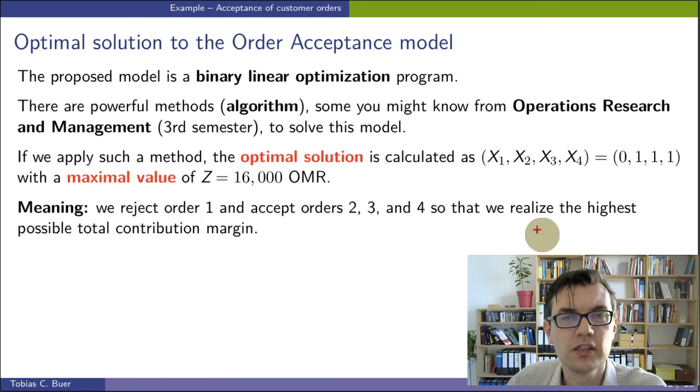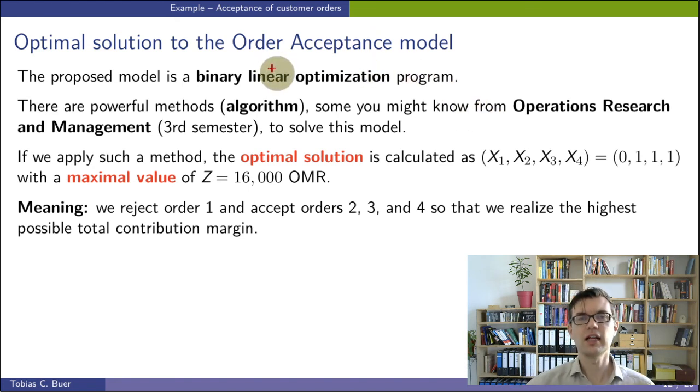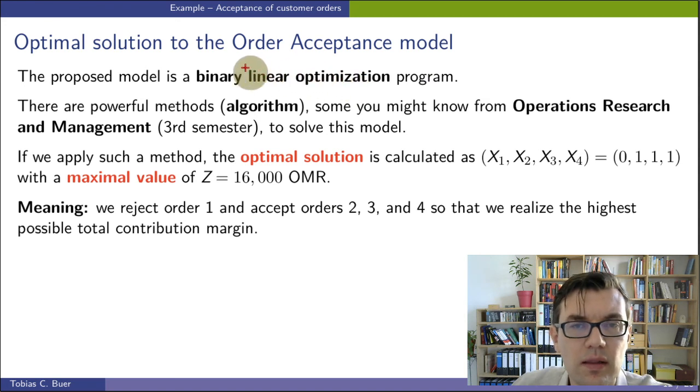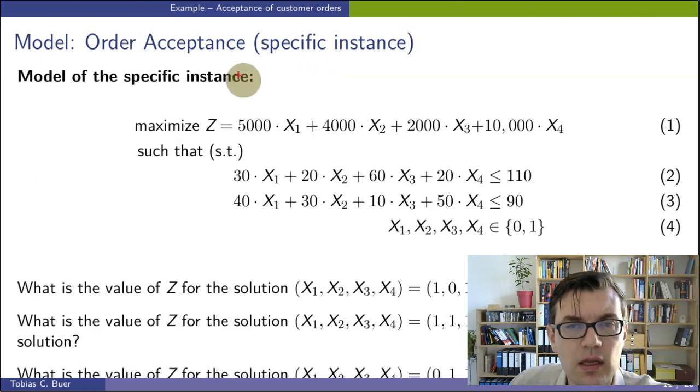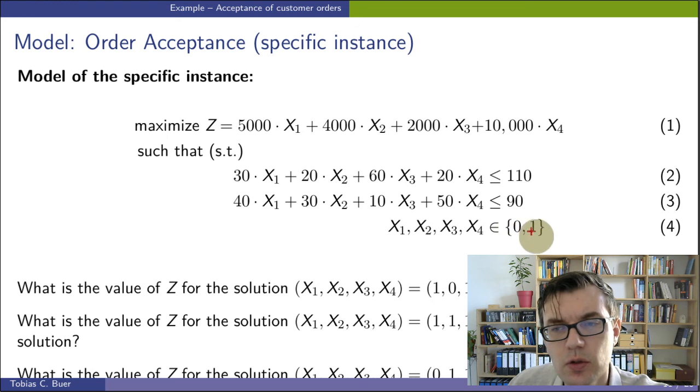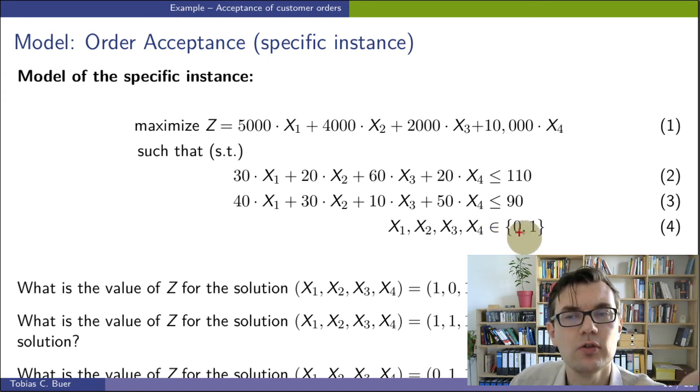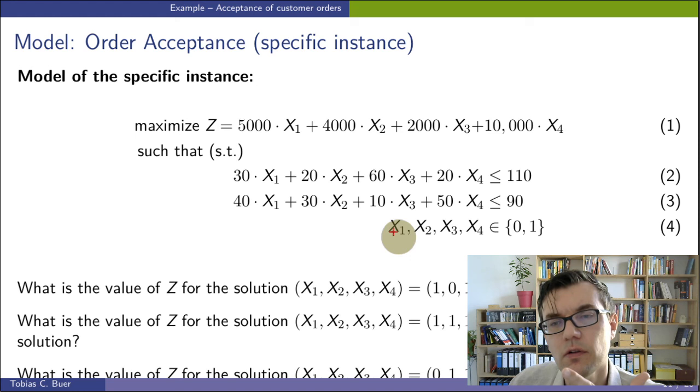Now you know from operations research that we have different algorithms to solve such a problem. This model that I showed you here is a binary linear optimization program. Most of the models you discussed in operations research are just called linear optimization models. The special feature here is that we have either the value 0 or the value 1 as a possible value for the decision variables.